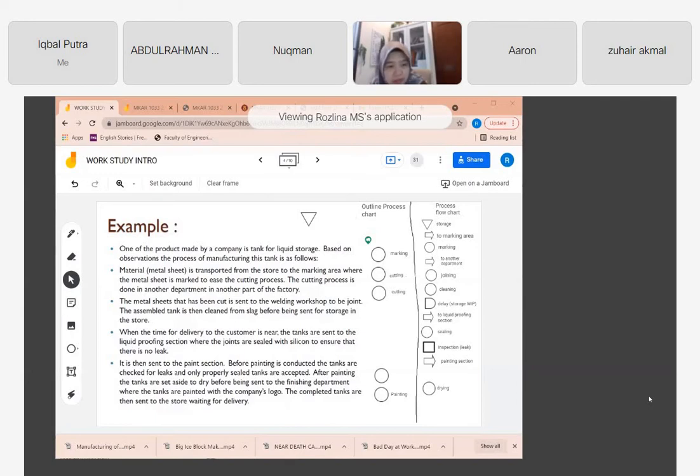Then you set aside after painting. After painting, the tanks are set aside. So you have to set aside to dry before being sent. Only that the thing is, it is not clear. Does it involve movement or not? Set aside.